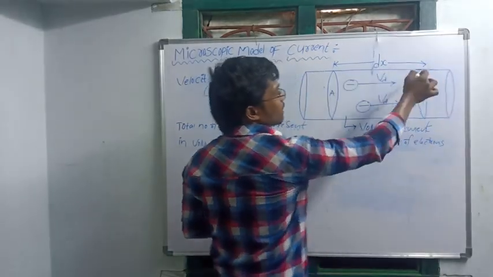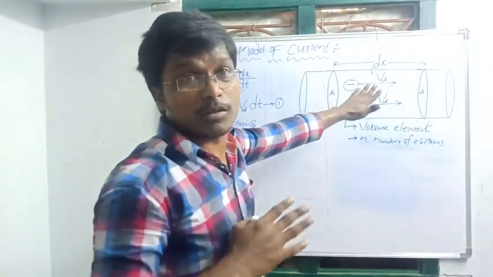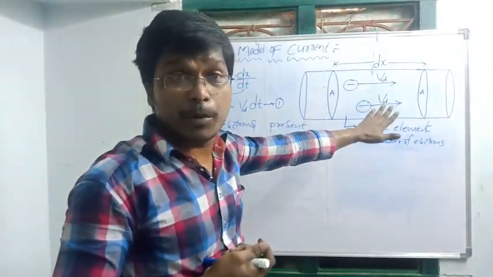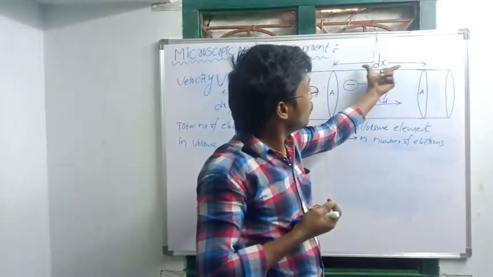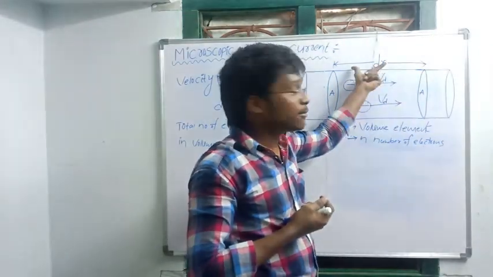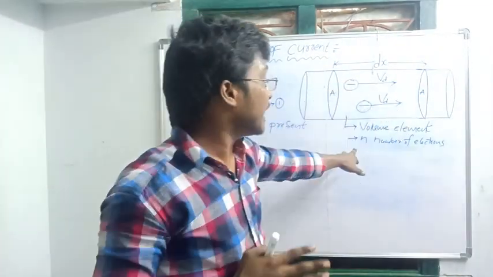Area into length. So this much space is occupied by that n number of electrons. That means area into displacement, which is volume. So that much volume is occupied by this n number of electrons.